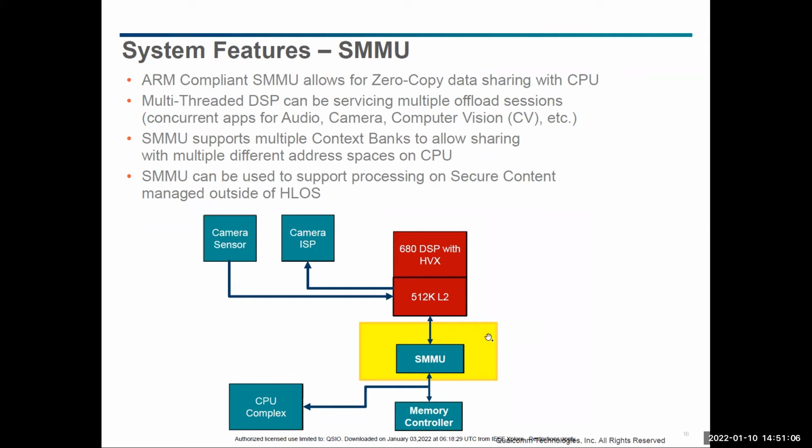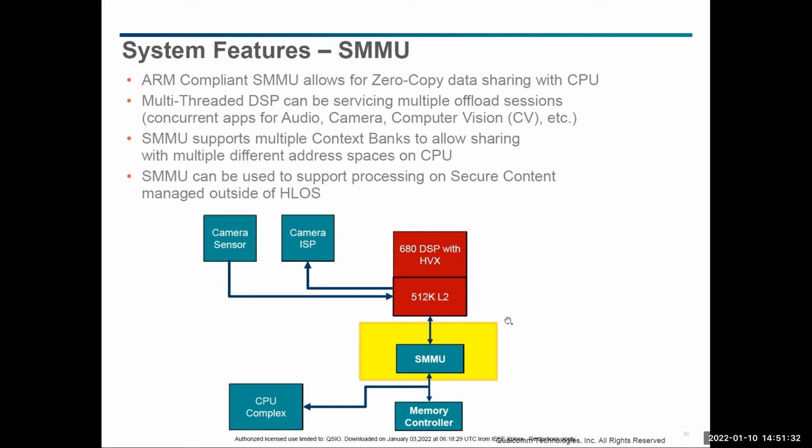So audio applications will have their own context bank, camera applications will have their own context bank, and computer vision applications will have their own specific context bank. Now, because there are specific context banks available in the DDR memory region, SMMU will allocate memory in those specific context banks based on the application of interest.